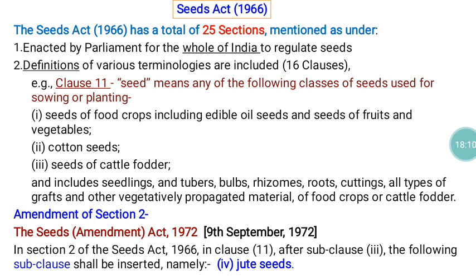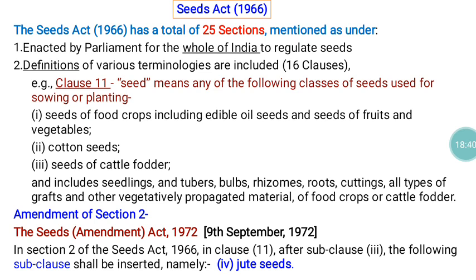So seed means not only seeds; it includes tubers, bulbs and all the material used for propagation. They also narrowed it down to specific materials like edible oils, fruit crops, vegetables, cotton, cattle fodder and food crops.